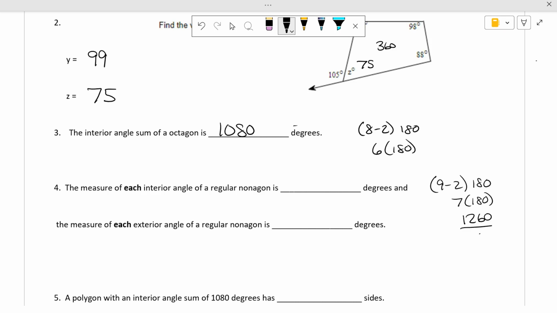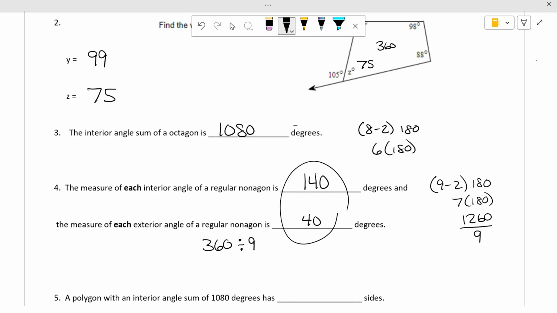So if we take this divided by the 9 angles, there is 140 degrees. The exterior angle sum of a nonagon is 360 because the exterior angle sum of any object is 360. If we divide it by 9, we get 40.